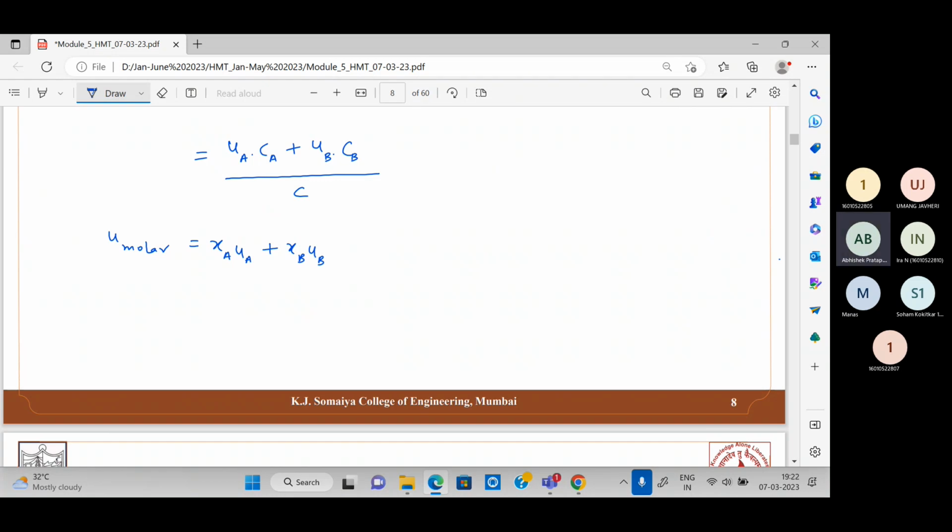The mass diffusion velocity of a component is nothing but the velocity of that component relative to the mass average velocity of the mixture.